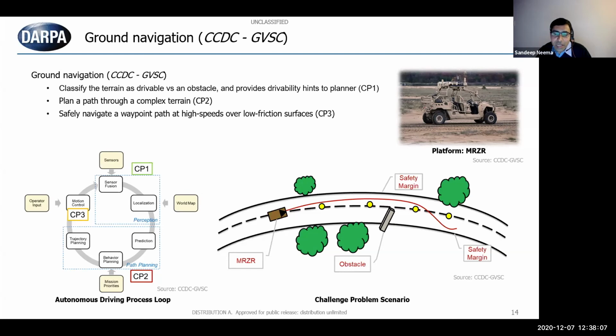Here we're using learning to characterize whether terrain is drivable or an obstacle, and use the learning to provide hints to the planner. So that's one challenge problem. Another problem here is to plan a path through complex terrain, and then safely navigate this waypoint path at high speeds over low friction surfaces. Several of our performers, HRL particularly, are working on the problems with TARDEC.